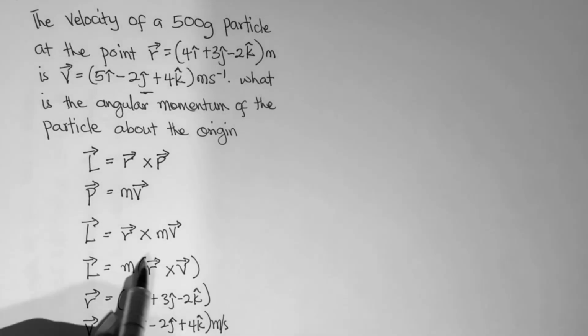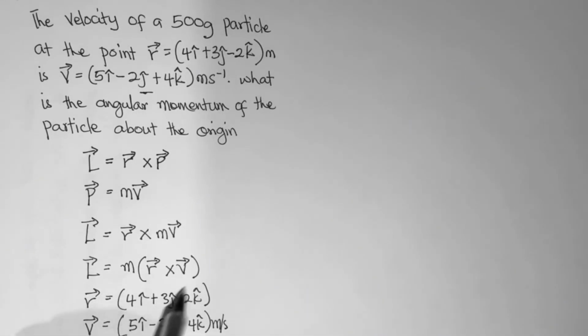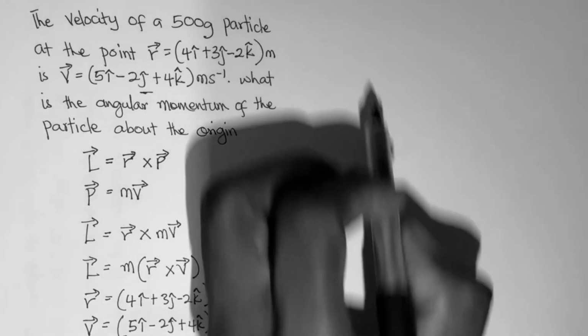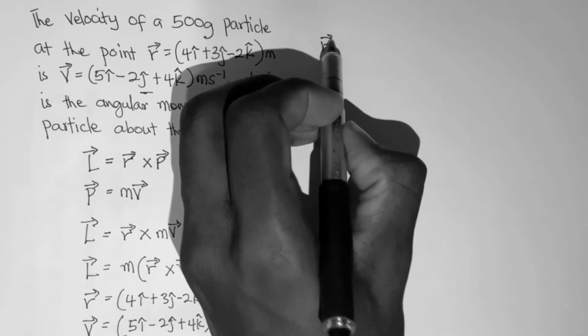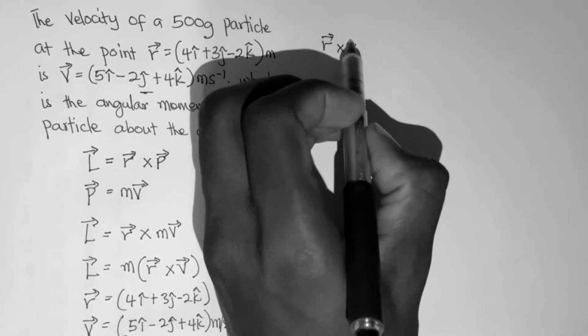So now let's first find what is in this bracket, which is the cross product between the displacement vector and the velocity vector. So let's find r cross v.